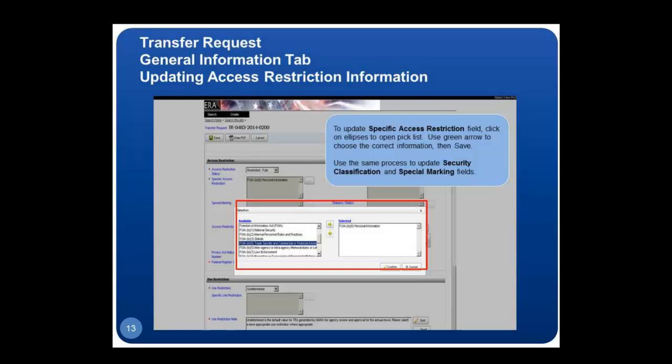If they think they're confidential and they're actually top secret, they need to know that. Then they need to know that now.